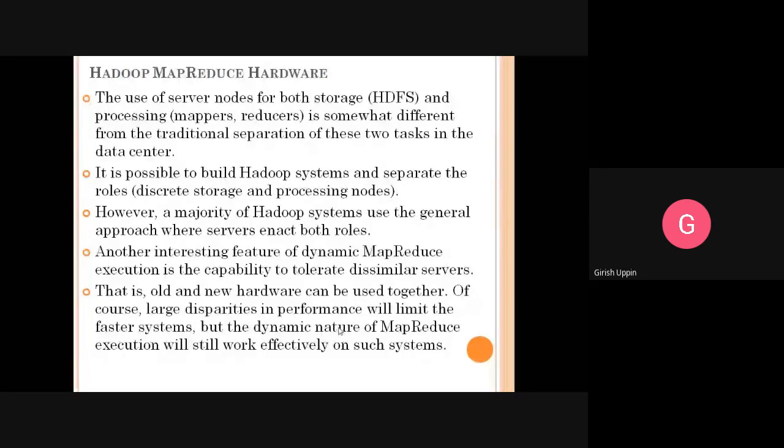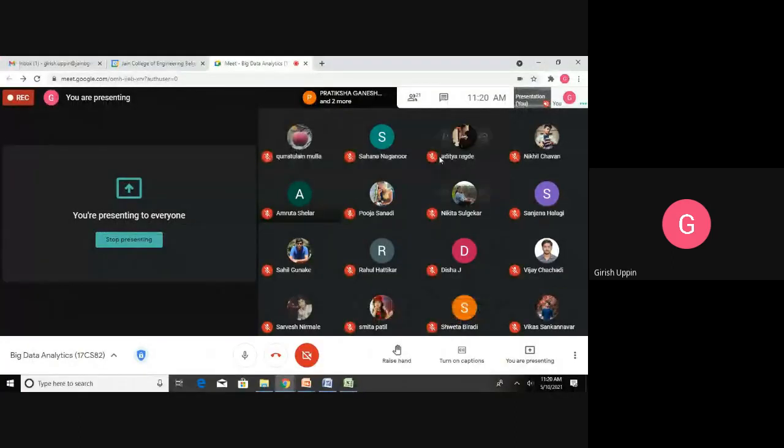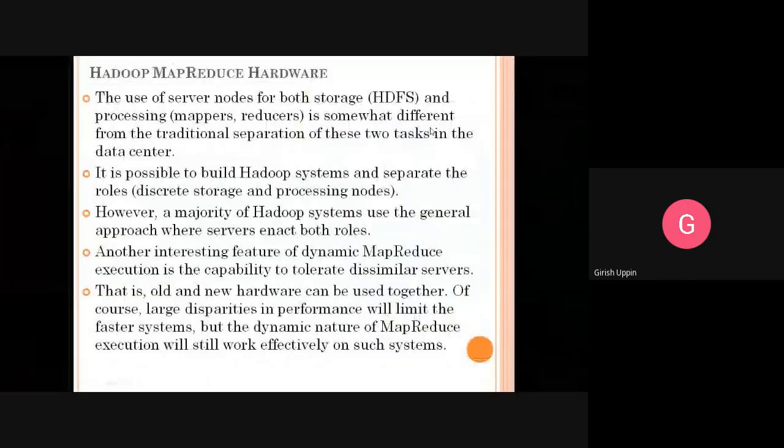It is possible to build a Hadoop system and separate the roles. So if you want to have these roles separate, we can have that. We can have discrete storage and processing nodes.